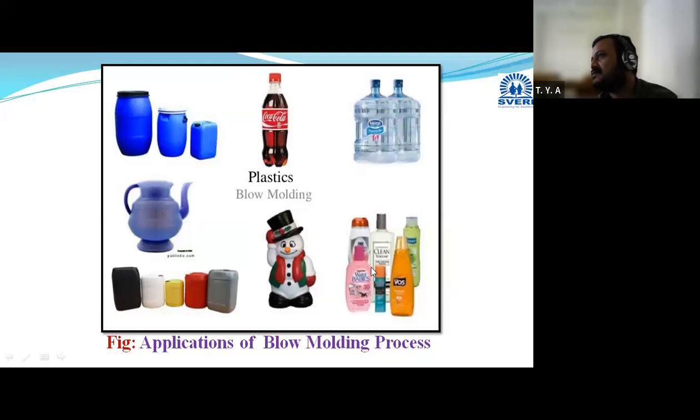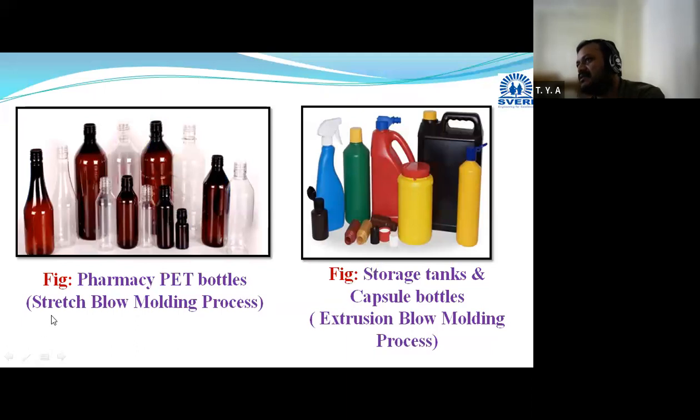I have sorted some applications according to types. These pharmacy PET bottles are manufactured with the help of the stretch blow molding process. Then these storage tanks and small capsule bottles are manufactured with the help of the extrusion blow molding process.